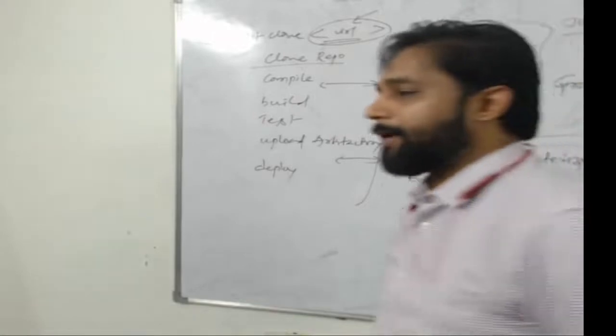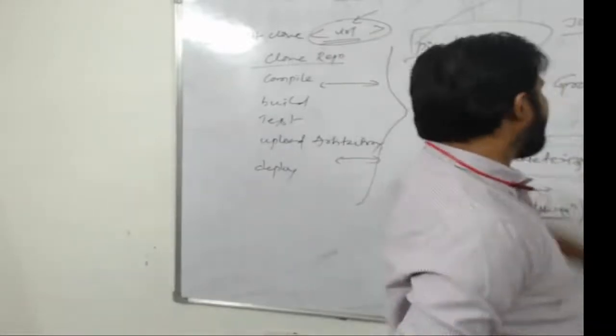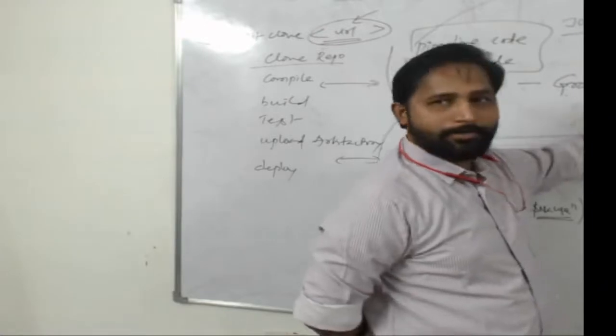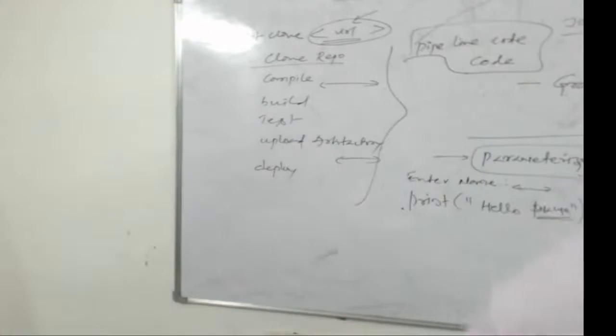What's the visible difference you observe between scripted and declarative pipelines? You learned two different things: scripted pipeline and declarative pipeline. The declarative pipeline is parameterized. We can parameterize the scripted also, similar one, but we did it for declarative. What's the main difference? Anybody guess it?